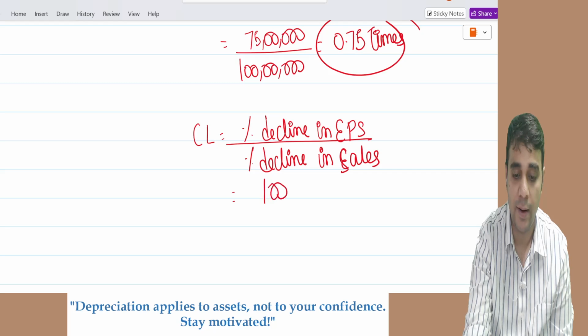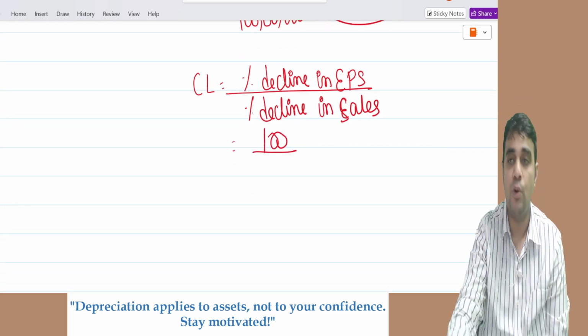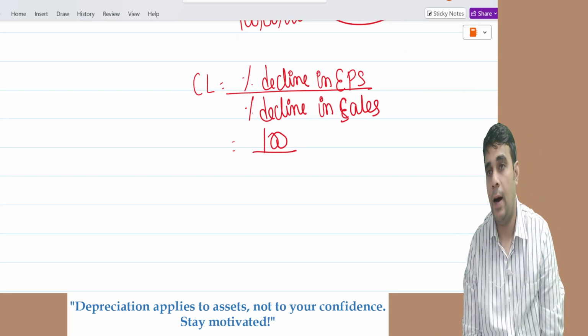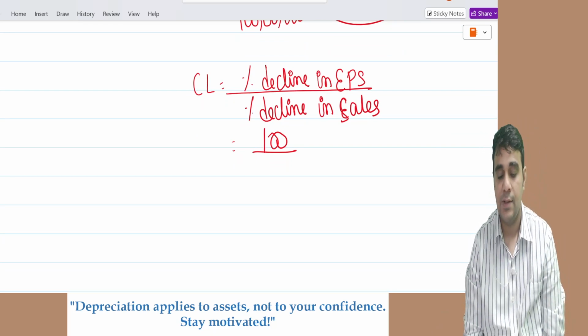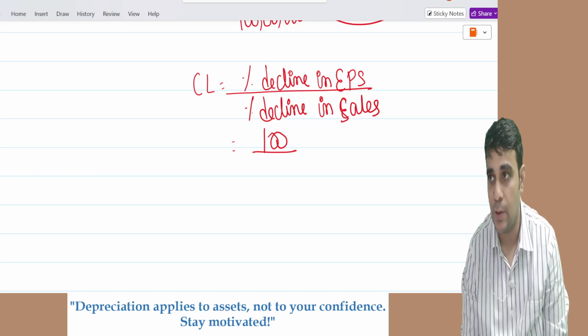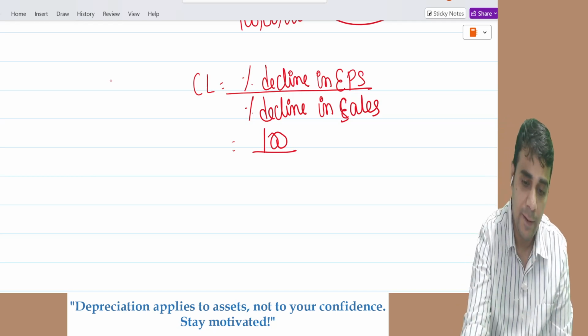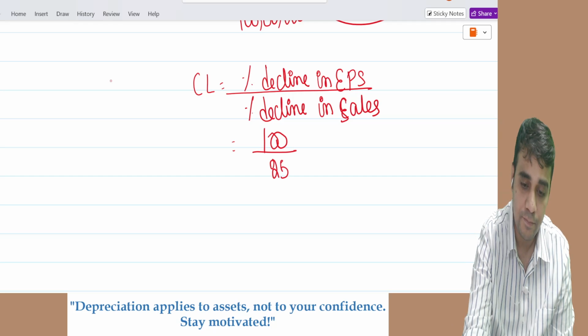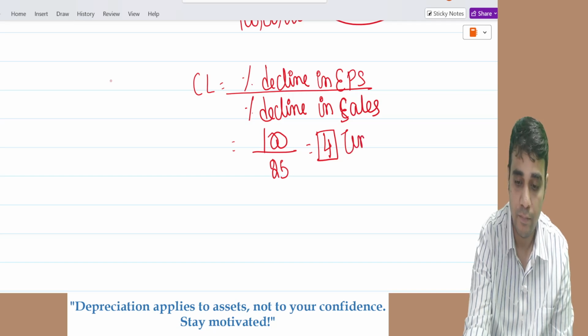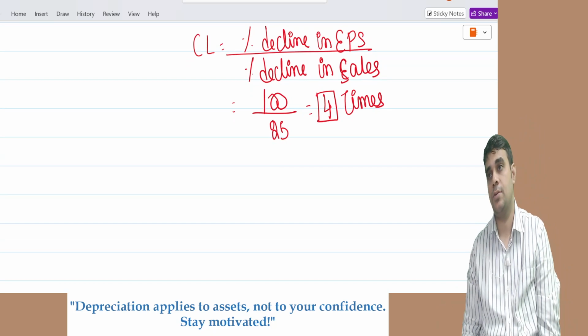Wipe out all EPS, so EPS will go down by 100%. Sales is going down by some percentage given in the question, 25. This is the combined leverage.